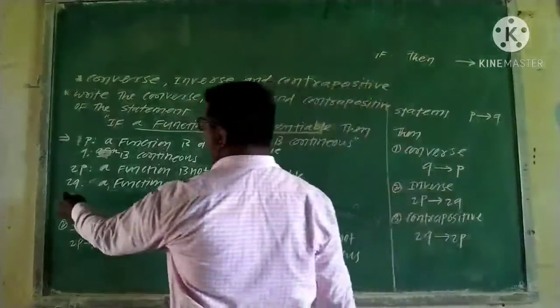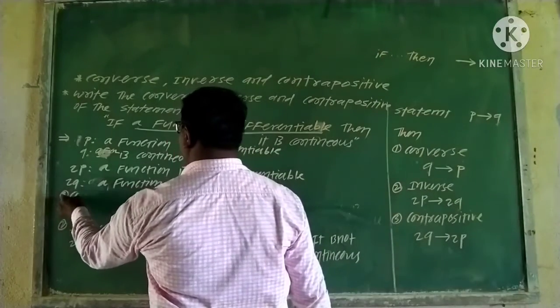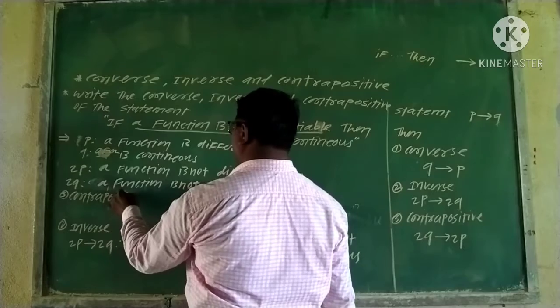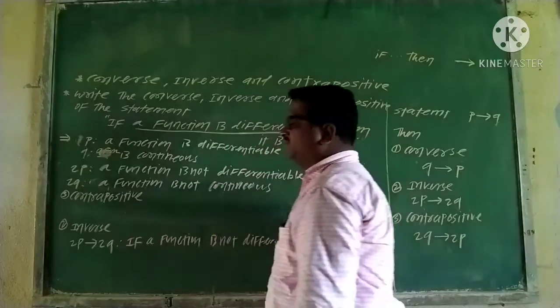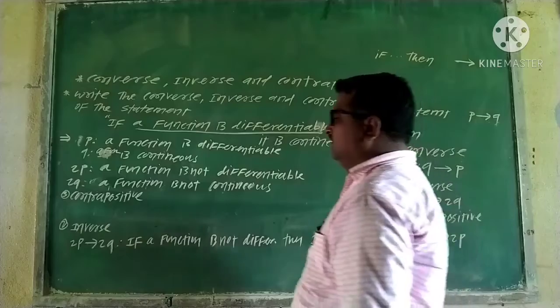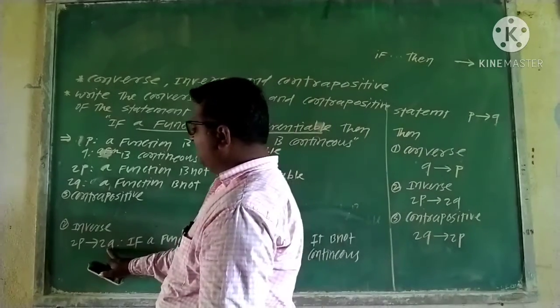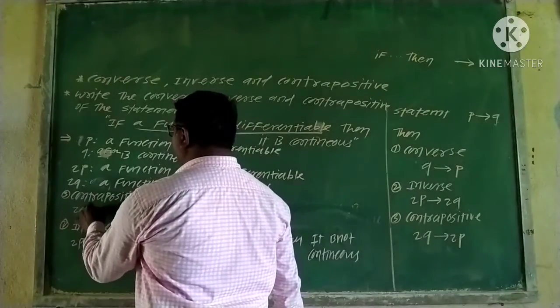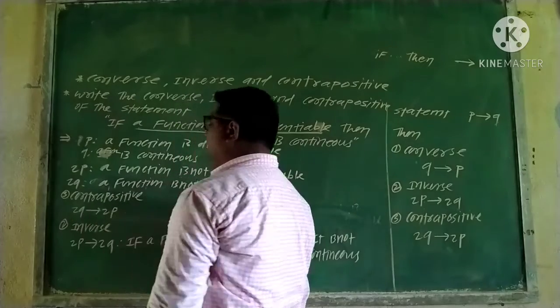Now we have got the contrapositive. The contrapositive of the given statement is the converse of the inverse, means negation Q implies negation P.